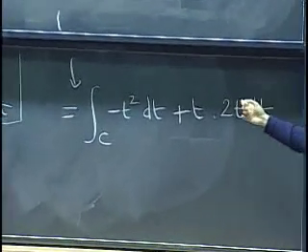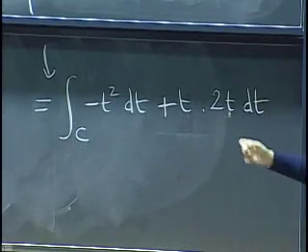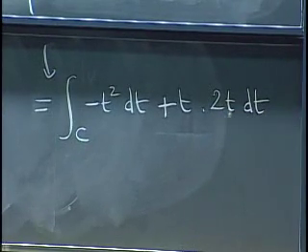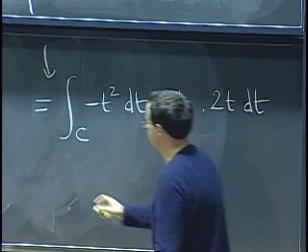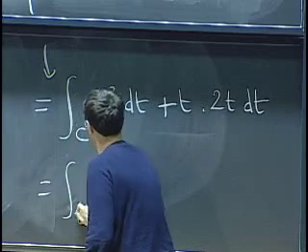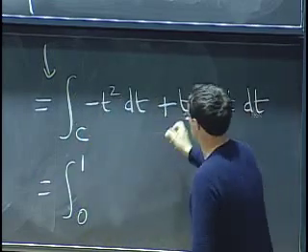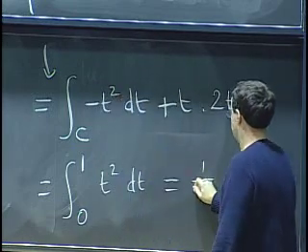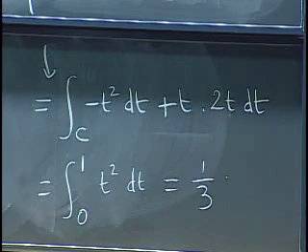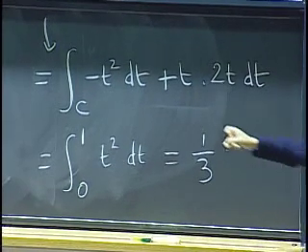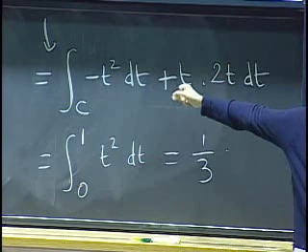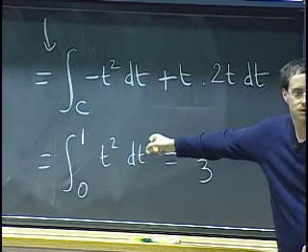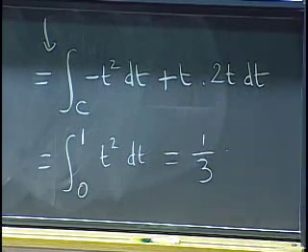And now that I have only t left, it's fine to say, I have a usual single variable integral over a variable t that goes from 0 to 1. So now I can say, yes, this is the integral from 0 to 1 of that stuff. Well, I can simplify a bit. It becomes just t squared dt, and I can compute it. I have negative t squared, and then I have plus 2t squared. So I end up with positive t squared. Okay, it's the same as up there.